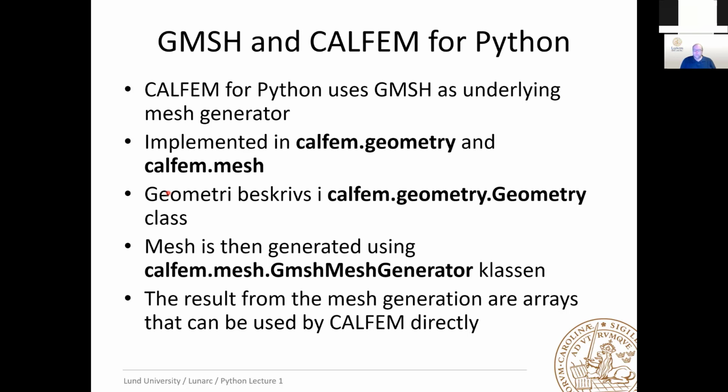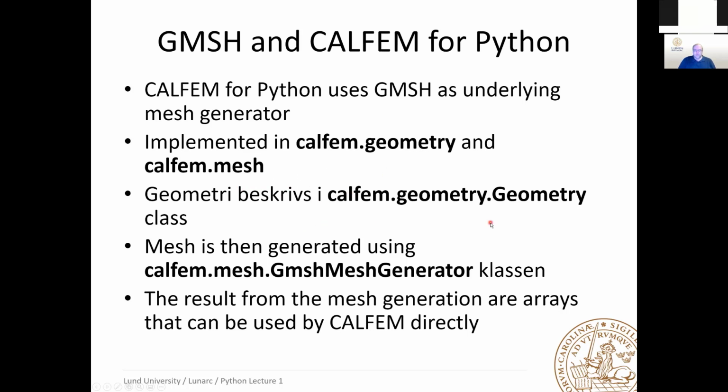You can use the commands provided by Calfem to generate the geometry, and it can also generate the mesh automatically. So two modules are used here. One is called Calfem.geometry for describing the geometry of your structure, and Calfem mesh for running the mesh generation. So these two are the most important ones.